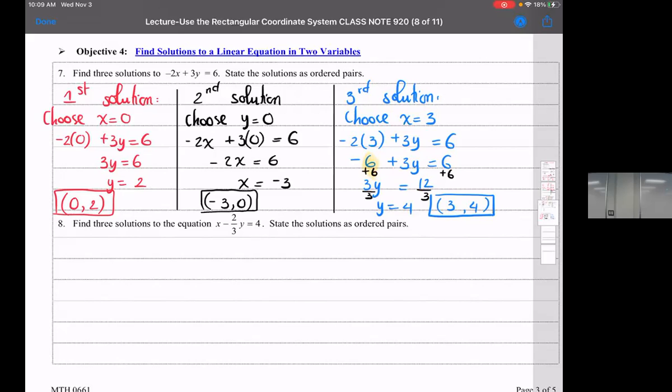Any number. You might have a different answer than that. If you get a different point, which is not wrong, that's what people have. But as long as you do it the same way that I do.